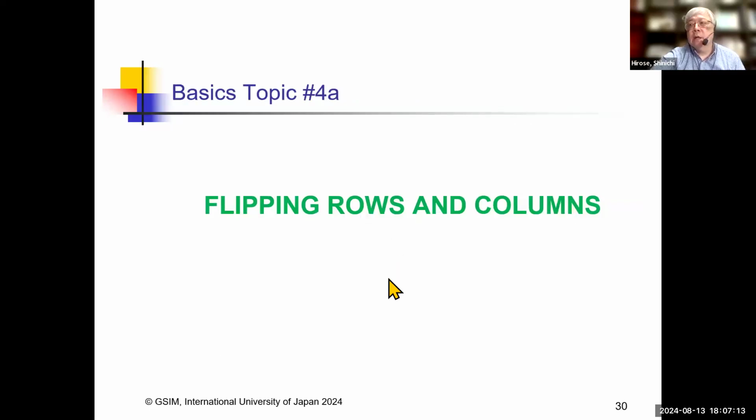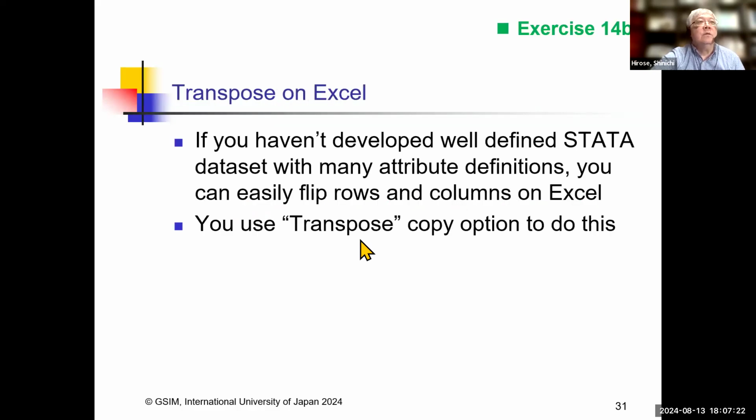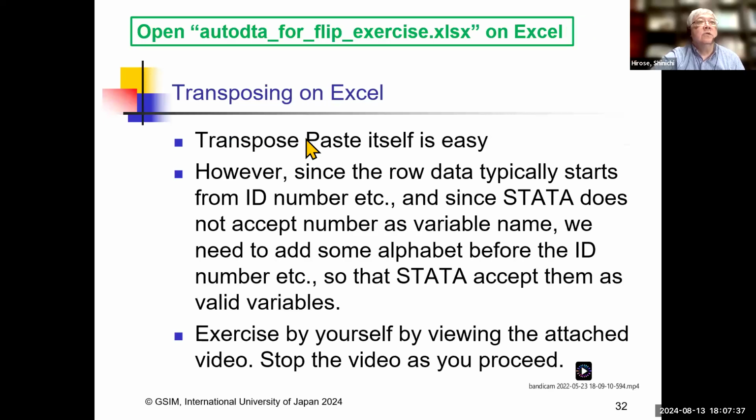Okay, then let's flip rows and columns. There are two ways that you can flip rows and columns. The first way is to transpose on Excel. Probably some of you are familiar with transpose. Transposing on Excel is easy.